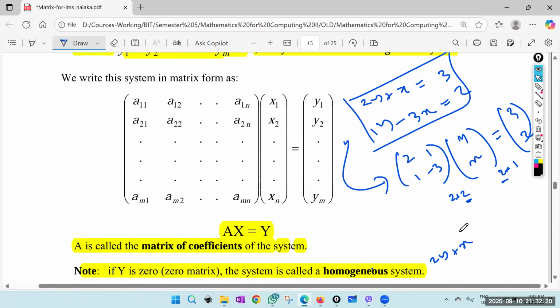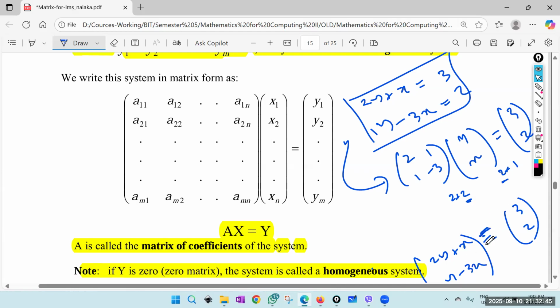This is my first element. Remember what you get is a 2 by 1 matrix, equal, of course, to 3 and 2. Second element is this row by this column, that is y minus 3x.